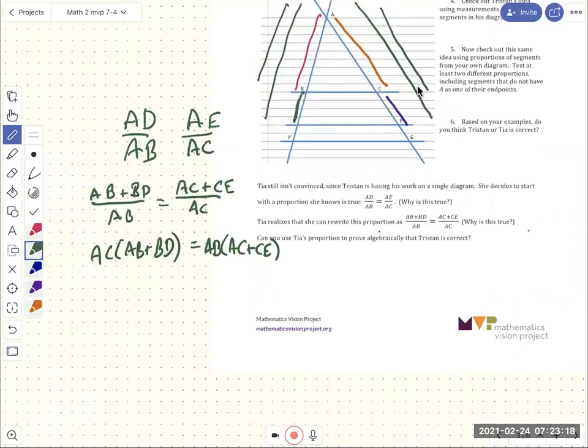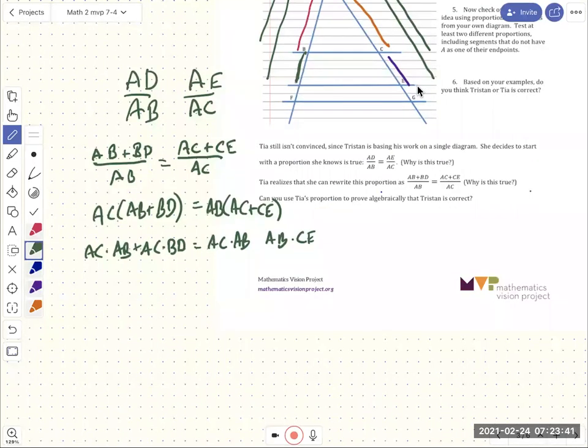And so we get AC times AB and AC times BD. And on the other side, we get AC times AB and AB times CE. And so, well, okay, what do we got? Well, these terms seem to be the same. So we'll cancel those out. And we'll get AC times BD equals AB times CE.